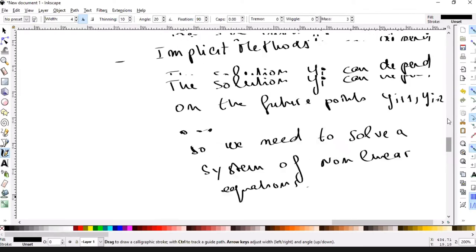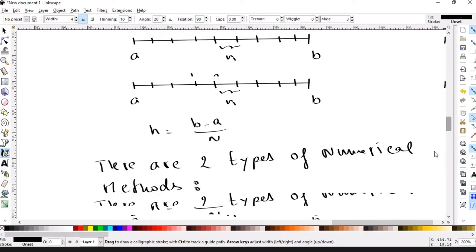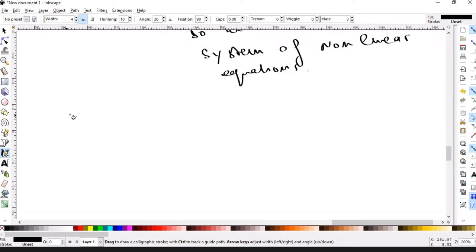All right, so now let's see the most basic method, which is the Euler method.